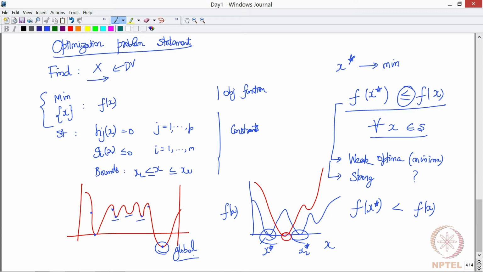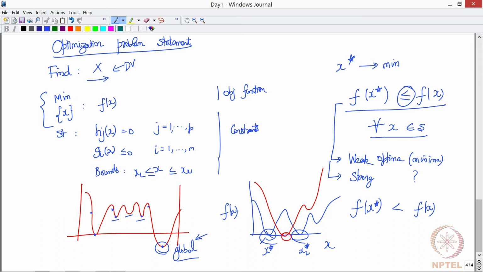Heuristic algorithms like genetic algorithm, particle swarm optimization, differential evolution, all that seem to work better to give you a global optima. There is no guarantee, but they are more computationally expensive than your gradient based approaches, which do not claim that they give you a global optima. But one way to deal with that is to have multiple starting points. Then there is an argument: maybe if I am going to use multiple starting points and evaluate the function multiple times, I might as well use evolutionary algorithms.